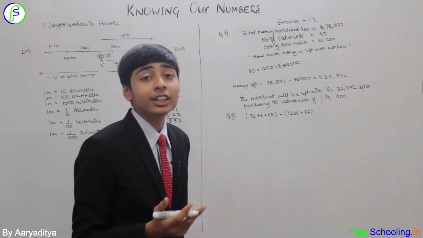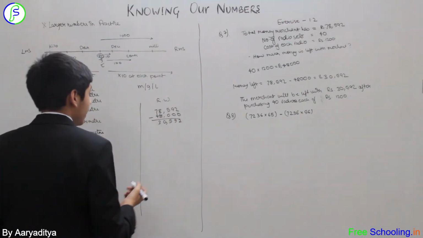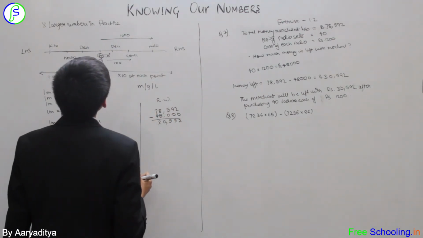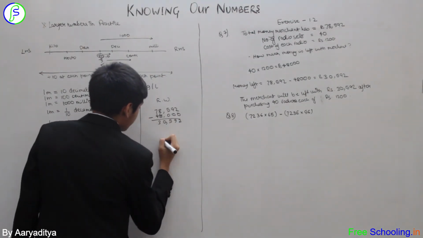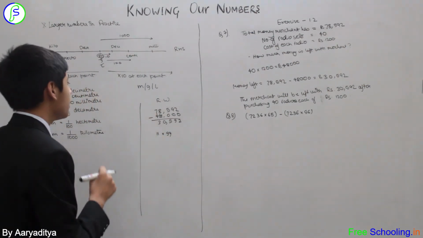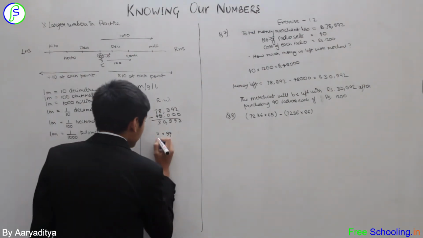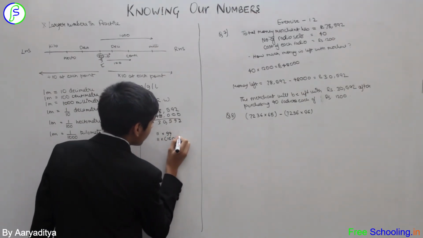Now what is actually the distributive property? It is very easy. Let me explain in rough. Suppose we have 11 into 99. What do we call 99? We can call it 100 minus 1.